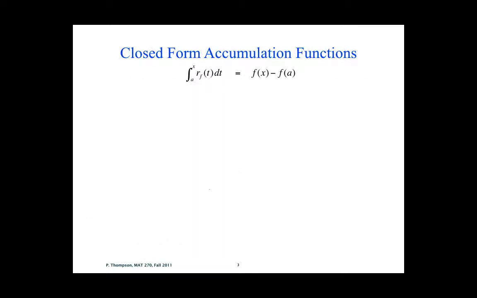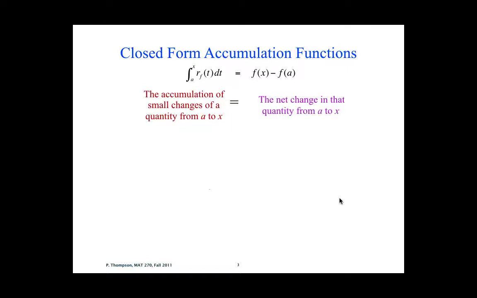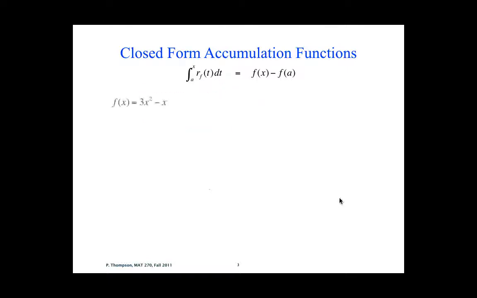So closed form accumulation functions. Sorry, that's just a repeat of what I just said. So let's say I have this f of x equals 3x squared minus x. Its rate of change function would be this. That's like day 2 of finding derivatives, right?